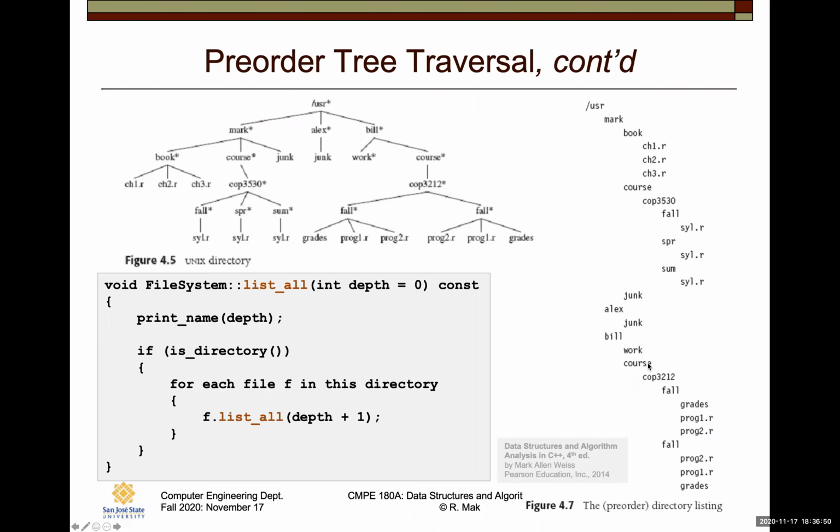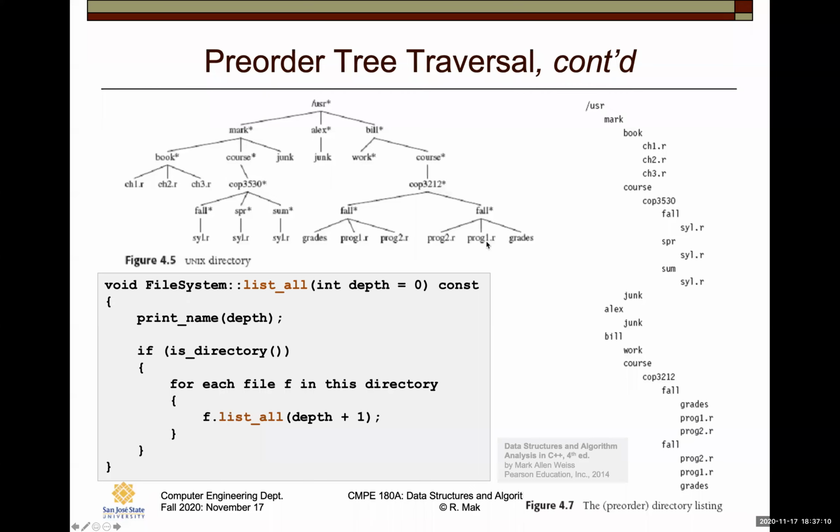So you can see that the pattern here is that whenever we're visiting a node, before we visit the children, we process that node, and that involves writing out the name of the node, and then we go and visit the children.